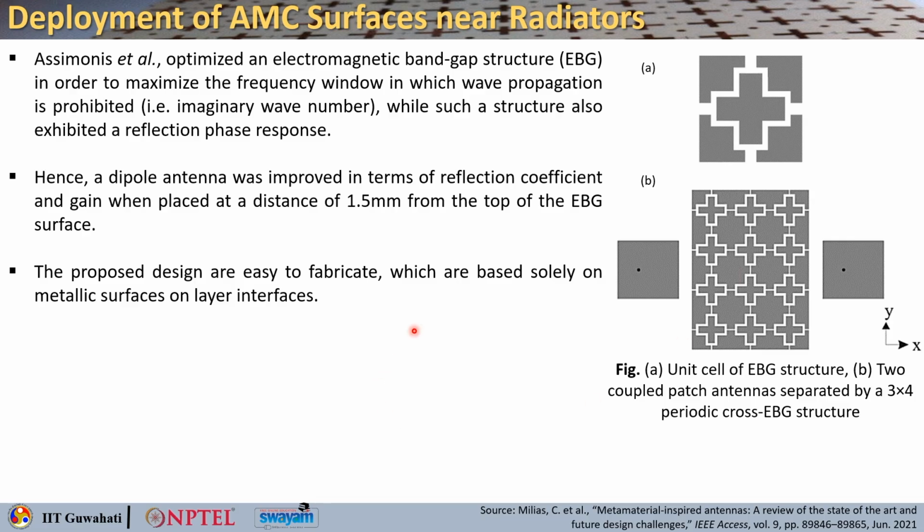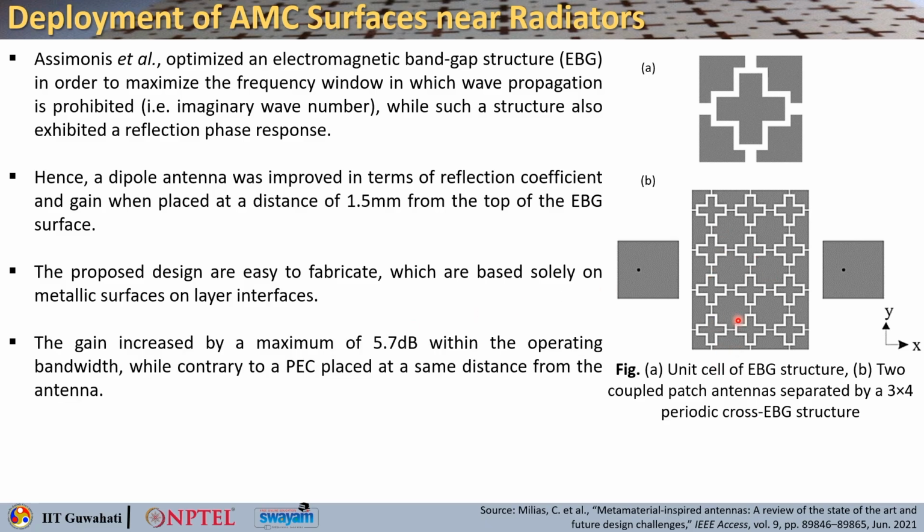The proposed structures are easy to fabricate, which are solely based on metallic surfaces on layer interfaces, as you can see, and because of this structure you can obtain a gain enhancement of 5.7 dB within the operating bandwidth, in contrast with the PEC when placed at the same distance from the antenna.